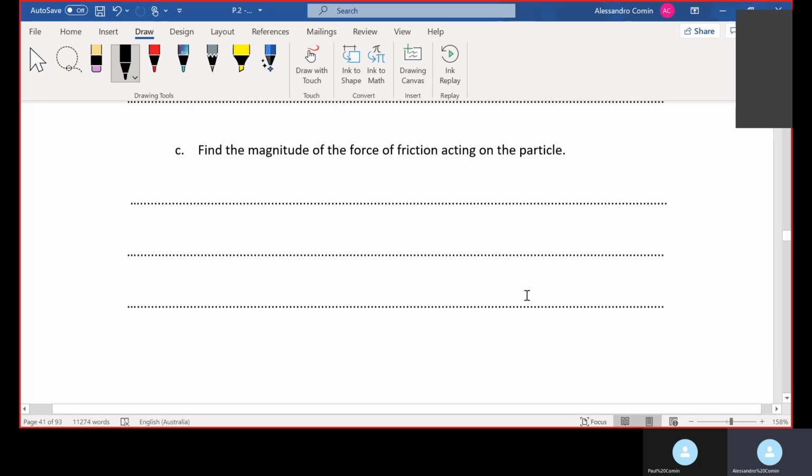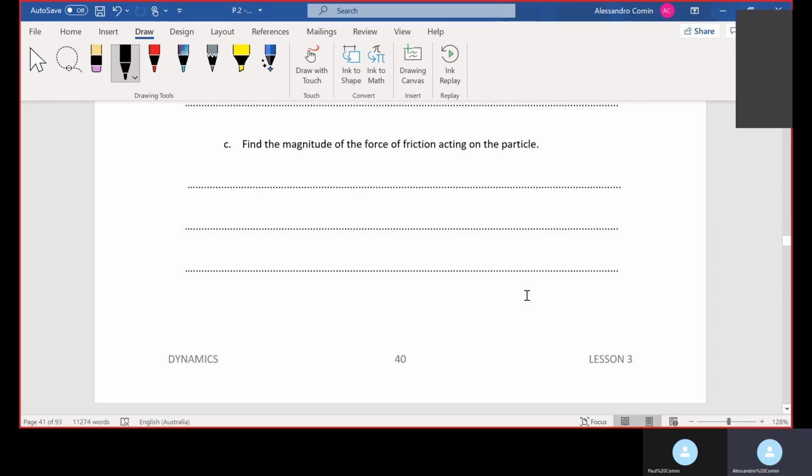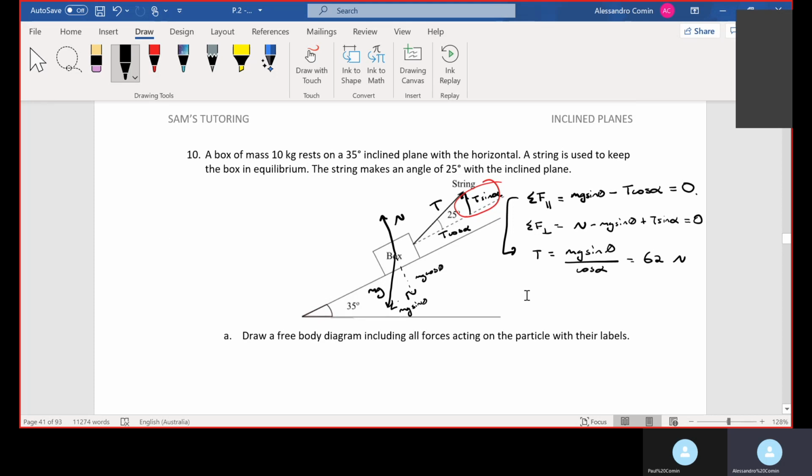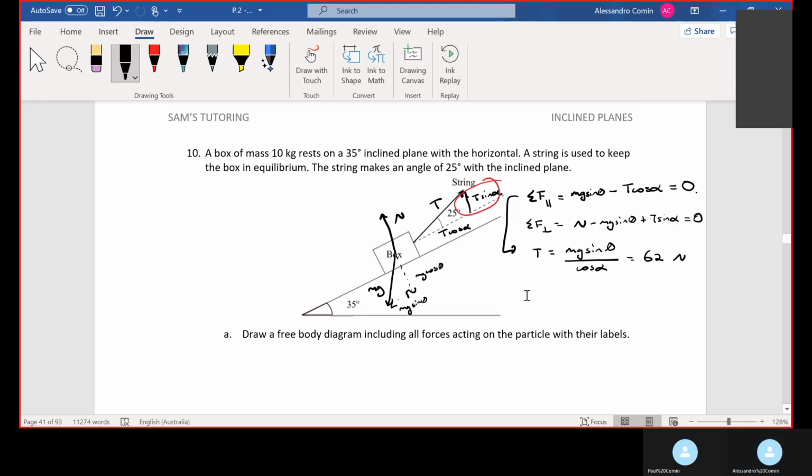And then part B asks for the magnitude of the force of friction acting on the particle. Well, that's very interesting, because, let's think about this. There is no friction because it's stationary.